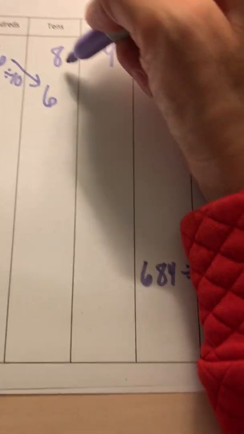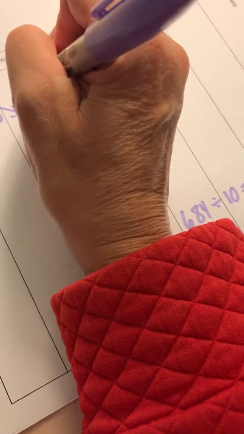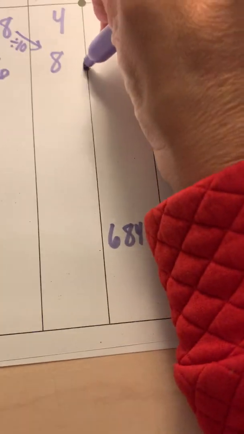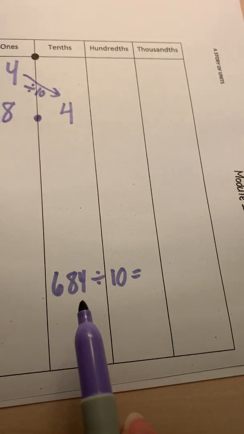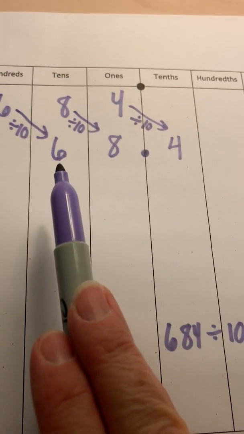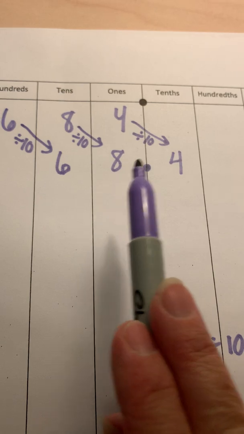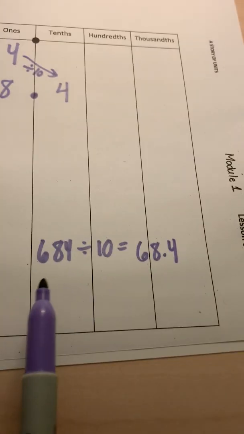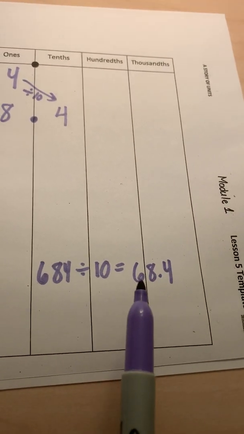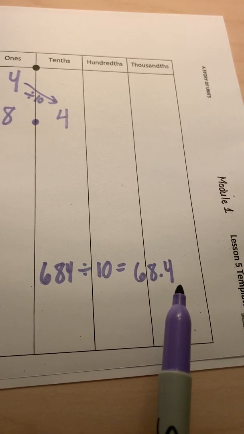And we learned 8 tens divided by 10 gives us 8 ones. 4 ones divided by 10 gives us 4 tenths. And so when we solve this problem, 684 divided by 10, we end up with 6 tens, 8 ones, and 4 tenths. So 684 divided by 10 is 68 and 4 tenths.